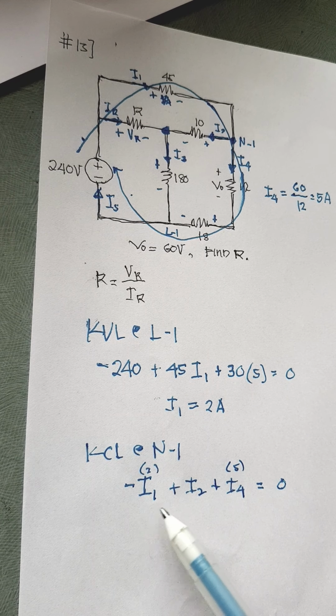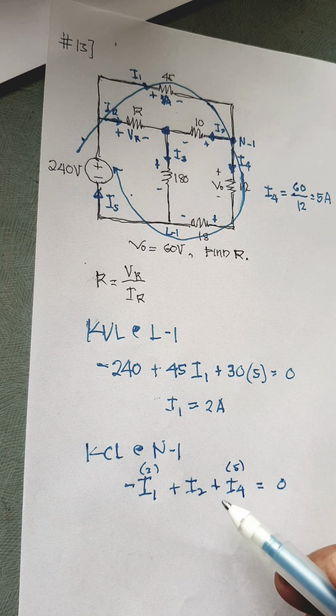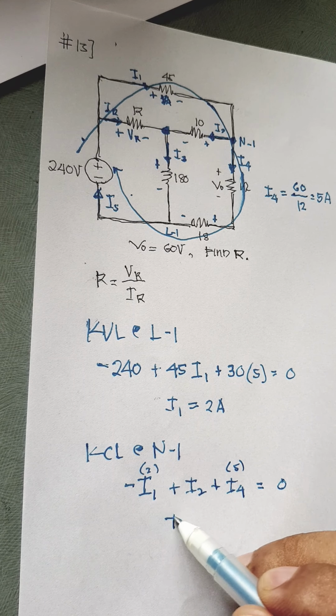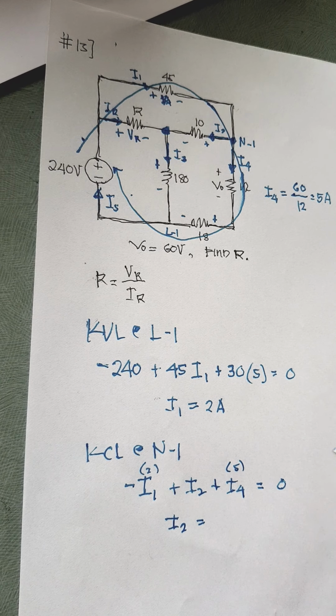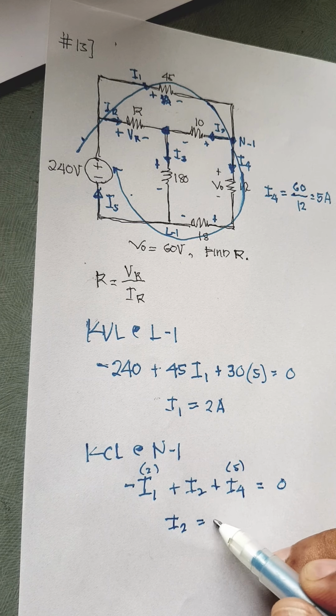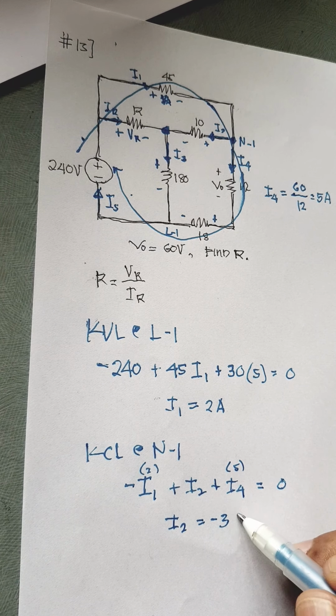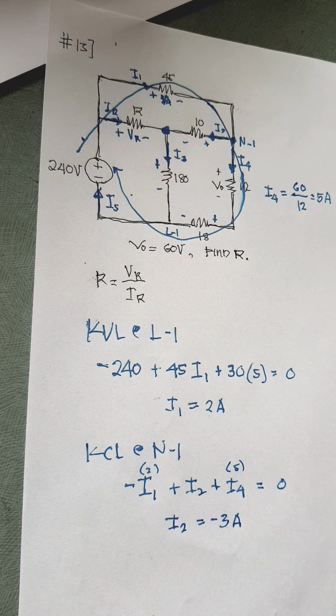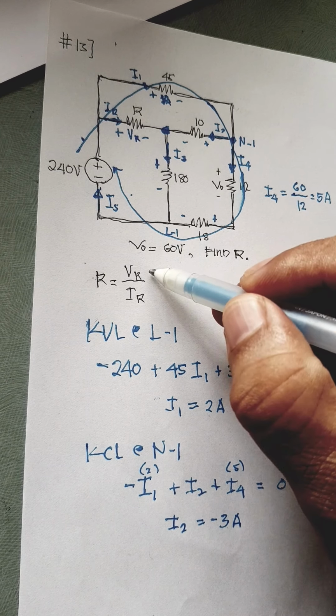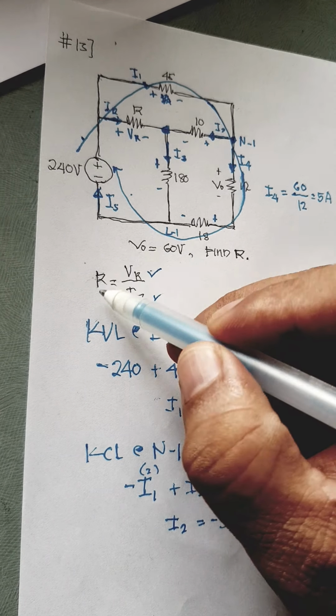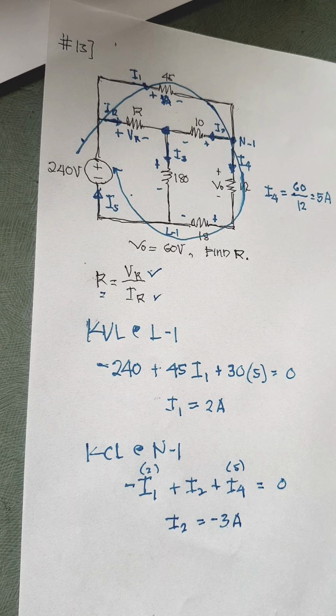So there are only 3 currents going towards and going away from that node. So we can now get the value of I2. I2 is negative 5 plus 2, which is negative 3 amperes. So our goal is to get VR and IR for us to be able to get R using Ohm's law.